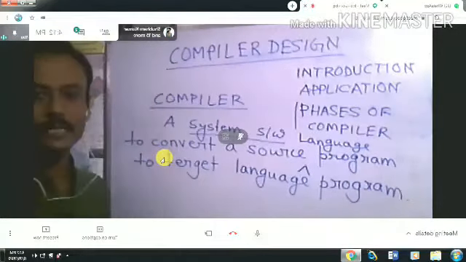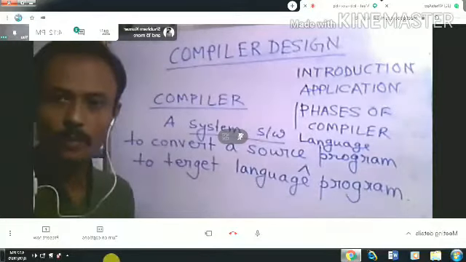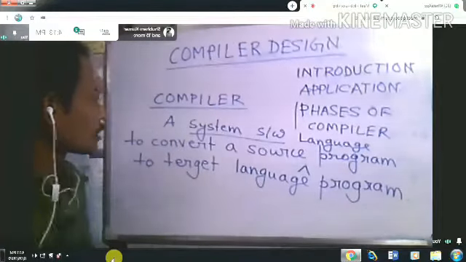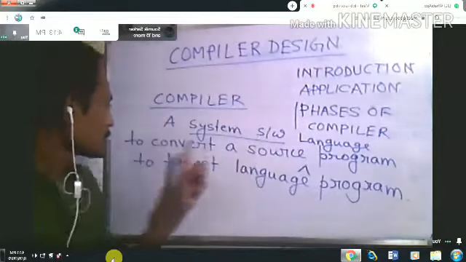So you can say this will be the very simple definition of a compiler. Clear?